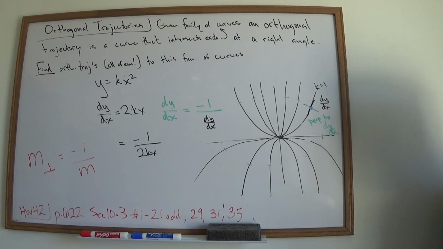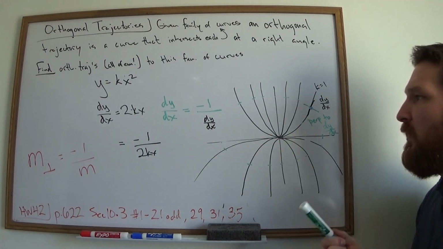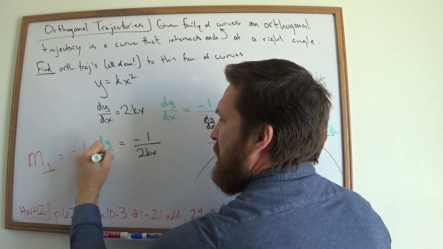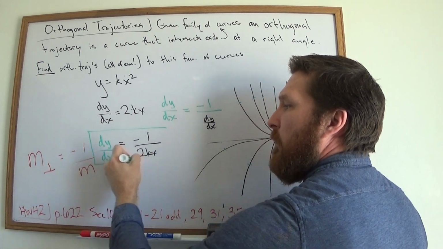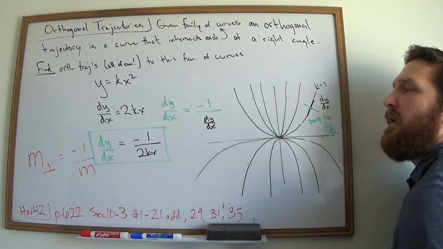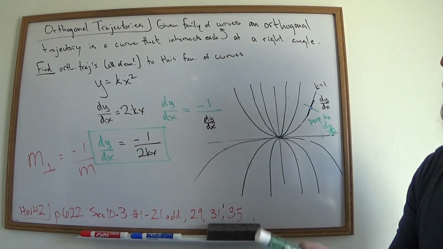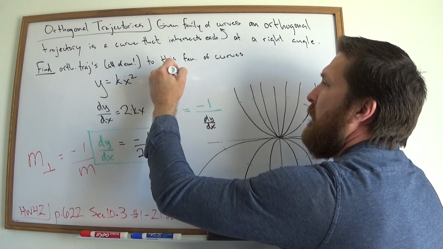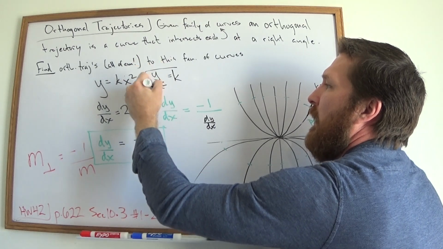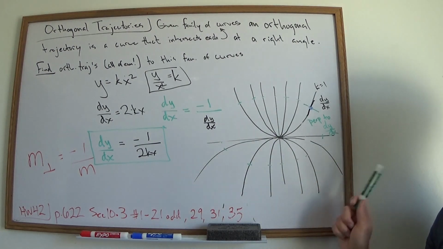So what we're going to do is eliminate k from this. We just found that the dy dx that we want has this form, but we don't want a particular k. So, hold up. Let's get that k by itself. k is equal to y over x squared. From the original, it has to be that.